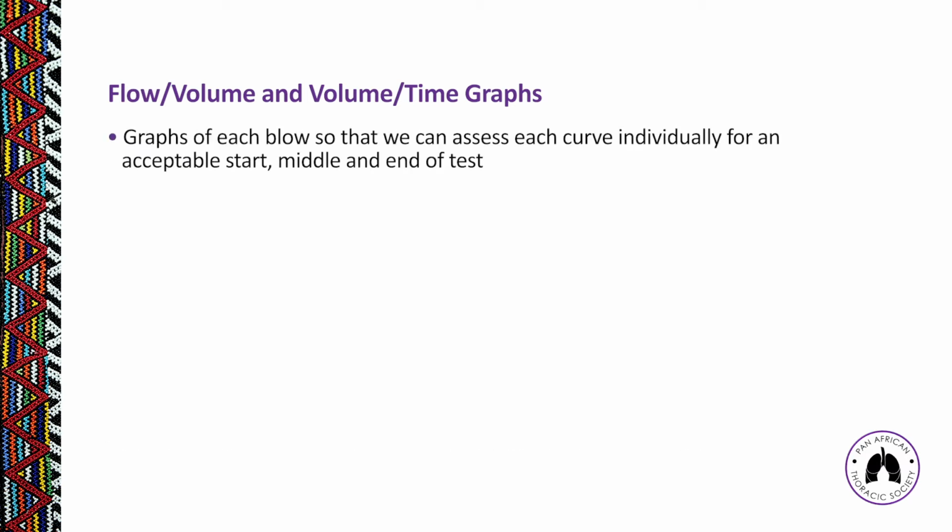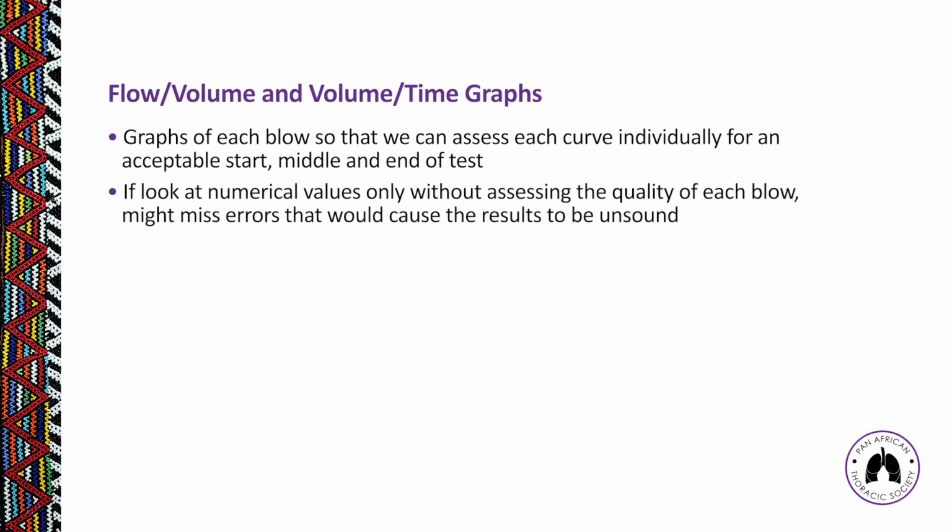We need to see the graphs of each of the blows so that we can assess each curve individually for an acceptable start, middle, and end of test. If we look at the numerical values in spirometry without assessing the quality of each blow, by looking at the flow volume and volume time graphs, we might miss errors such as cough or extra breaths or any artifact that would cause the results to be unsound.